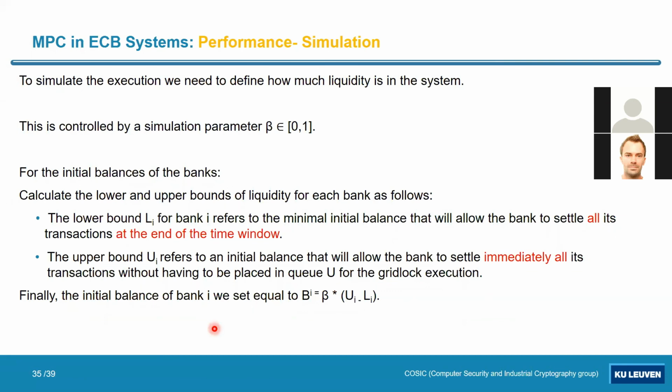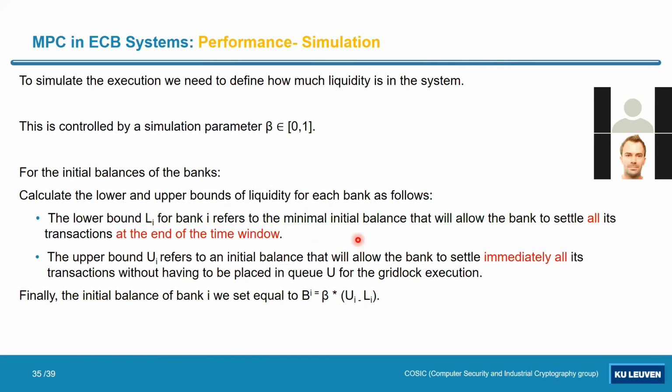Okay, to simulate our execution, we need to define another parameter. We need to have liquidity of the system. And to do so, we use a parameter beta to control this liquidity, which is between 0 and 1. And for the initial balance of banks, we need to calculate a lower bound Li and an upper bound Ui. What is the lower bound?